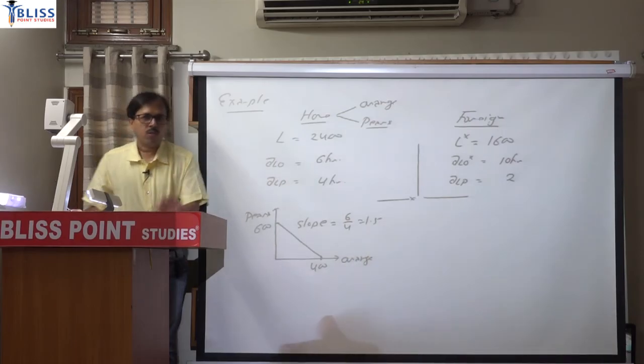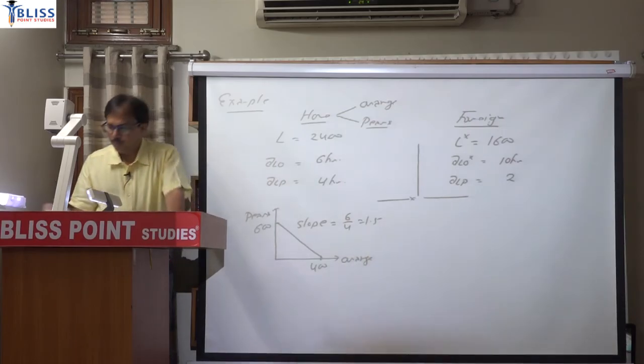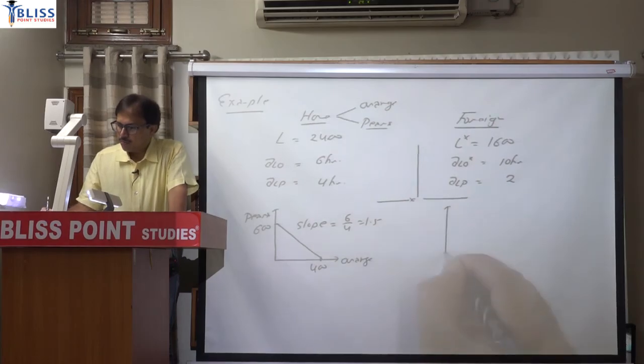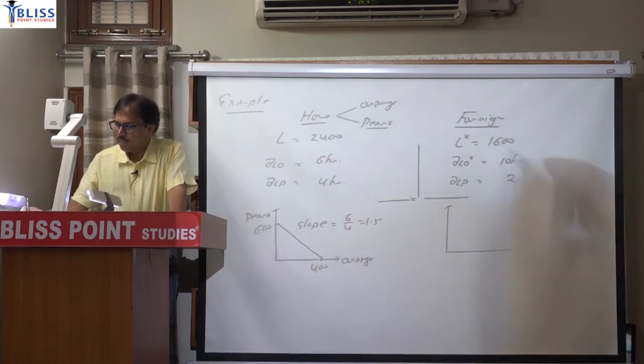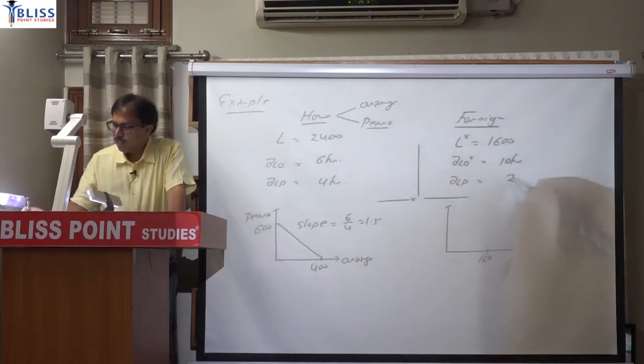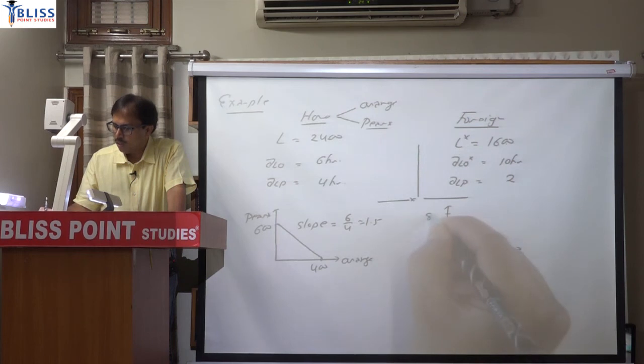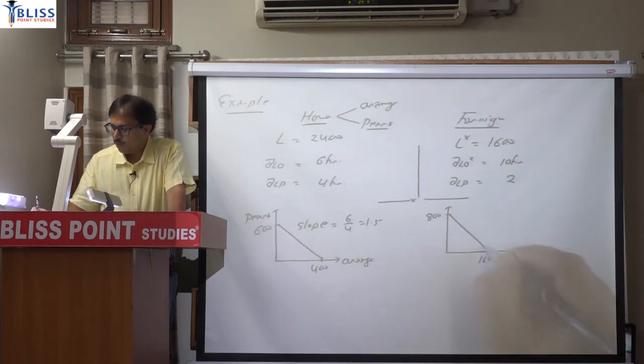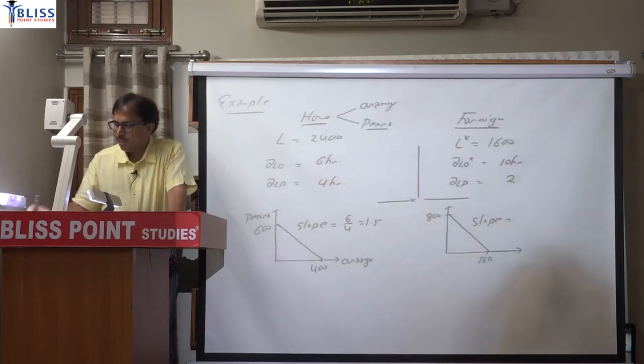So that is the opportunity cost of orange in the home country, and when you draw it for the foreign country, it is 1600 by 10, so this will be 160. 1600 by 2, this will be 800. So the slope of this line is 800 by 160, that will be 5.